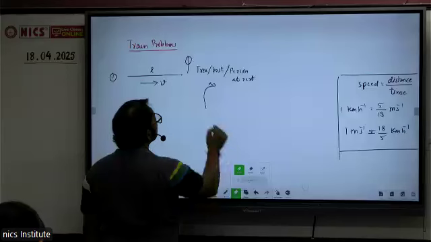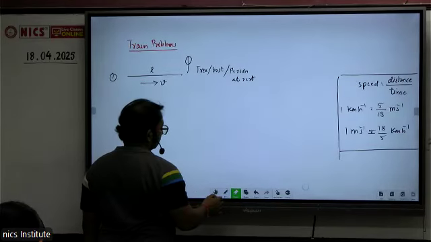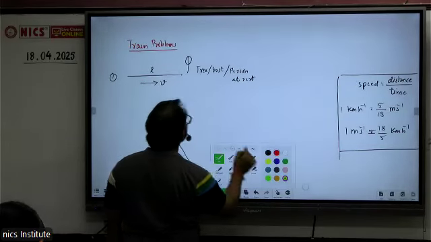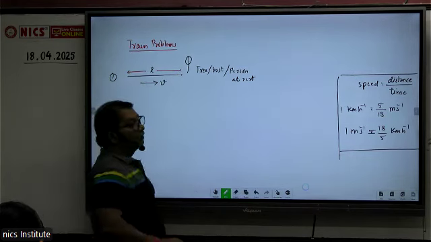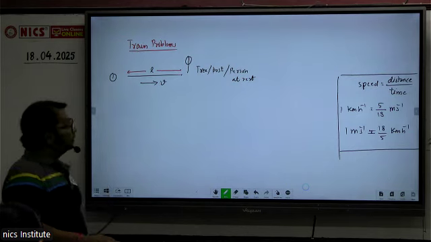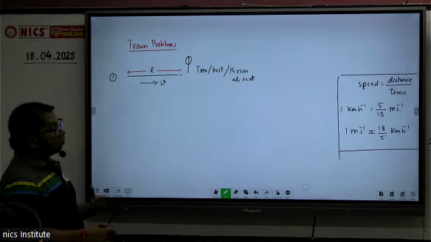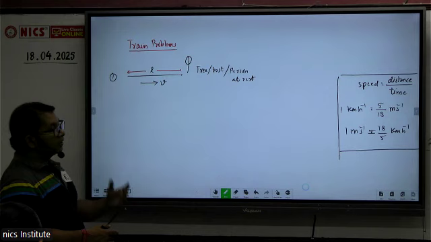L is length of the train and V is the speed of the train. So time taken by the train to cross the tree or the post or the person, how much will it be?